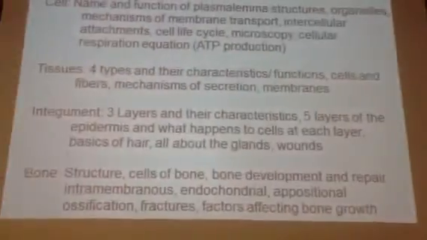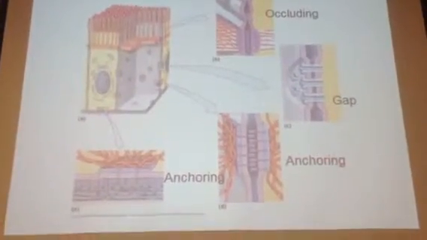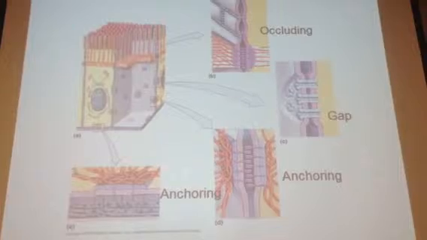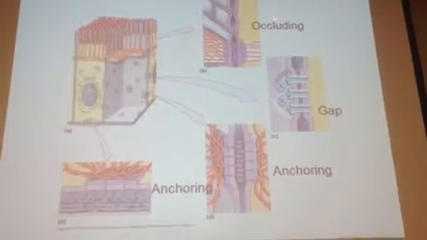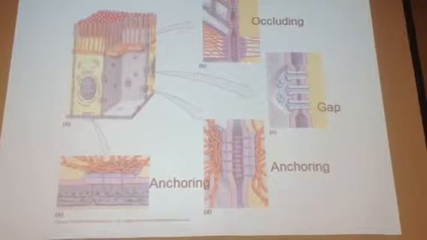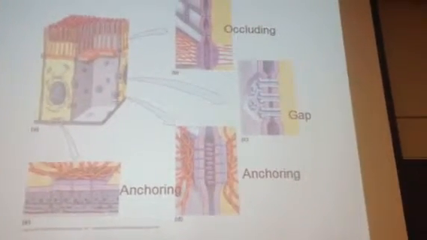All right, intracellular attachments. That would be from this diagram right here. And there are basically these three kinds of attachments. Occluding means, well, it's the opposite of including. I don't know why they don't call it excluding.